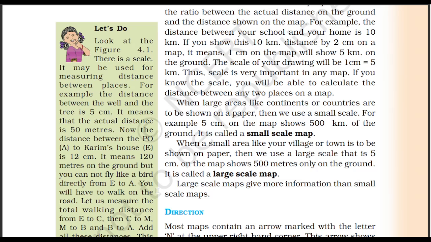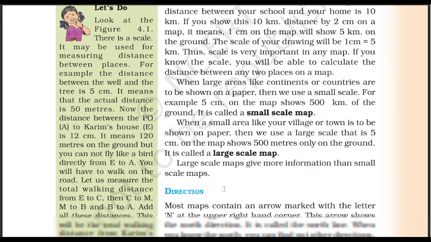When a short distance on the earth surface is shown on the scale with more centimeters, that is the large scale. In small scale you can get lesser information compared to large scale map. Large scale map gives more information than small scale.